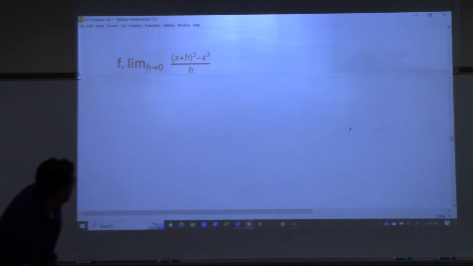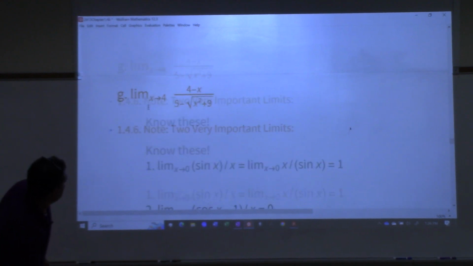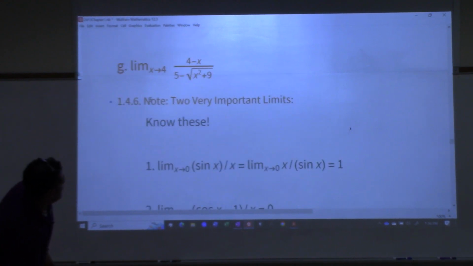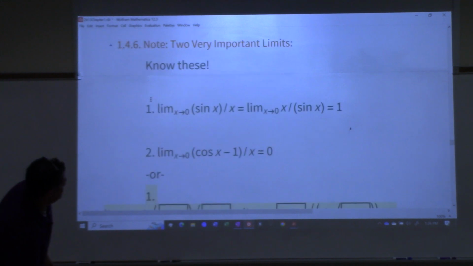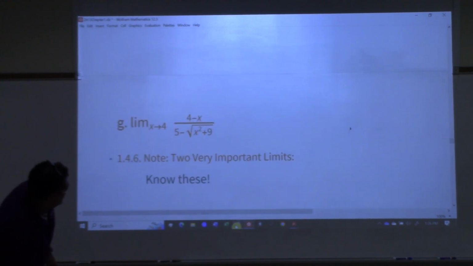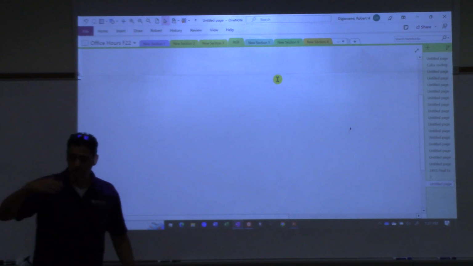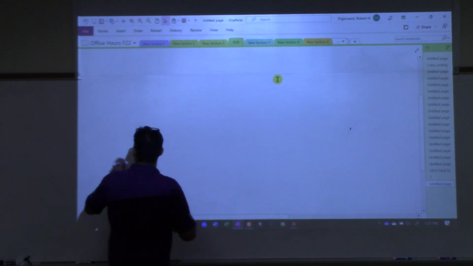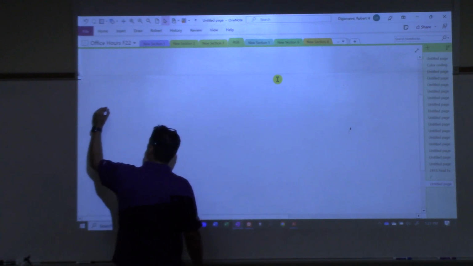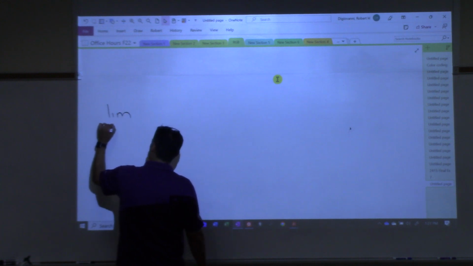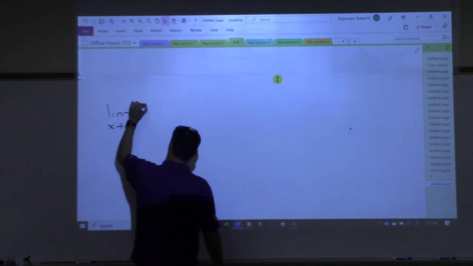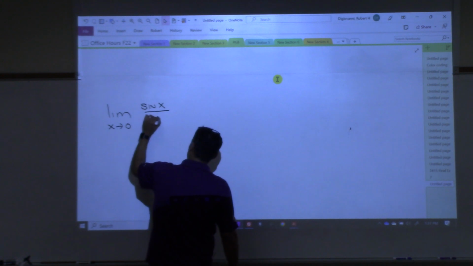So what are we talking about now? We're still in the same section, right? So far we've seen that when we do these limits, if we get 0 over 0, it's bad. I want you to consider these two limits. Limit as x goes to 0 of sine x over x.